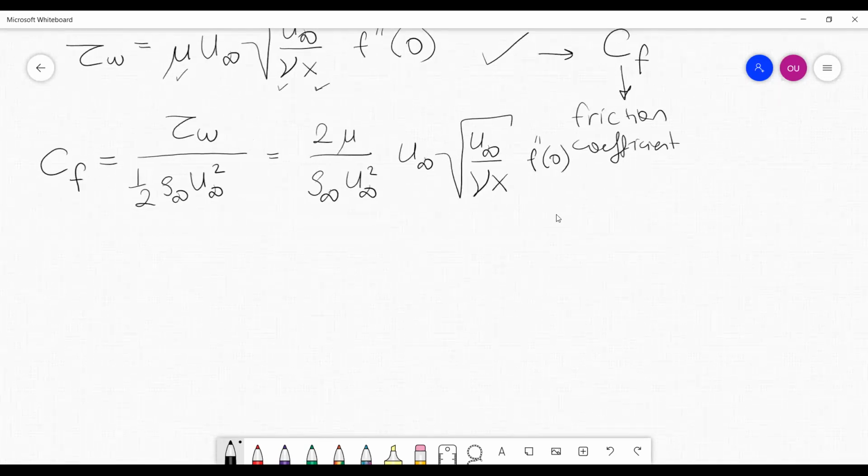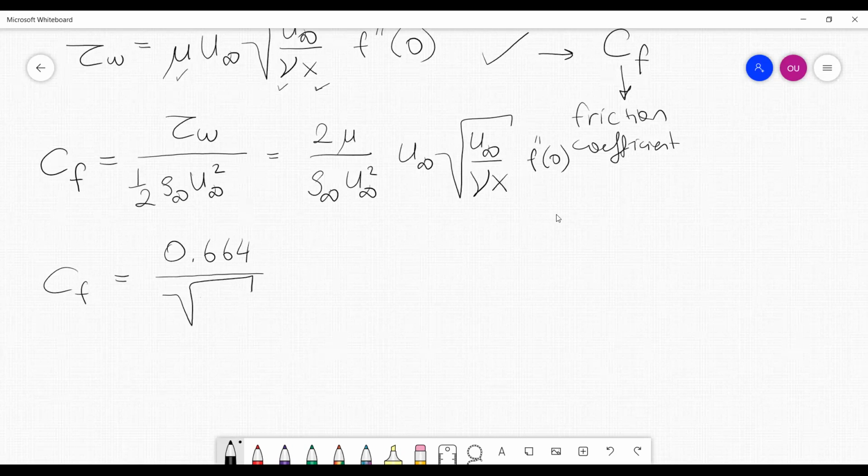If you make the necessary cancellations in these terms, we get an expression for CF. And of course, after inserting the numerical value of f double prime 0, this is equal to 0.664 over square root of Reynolds x. Here Reynolds x, with x as a subscript, is defined as u infinity times x over nu.